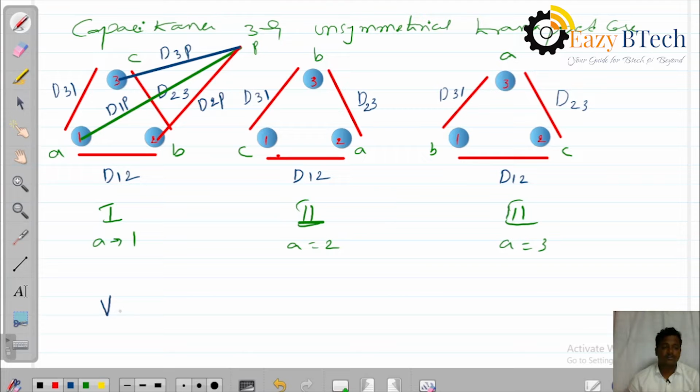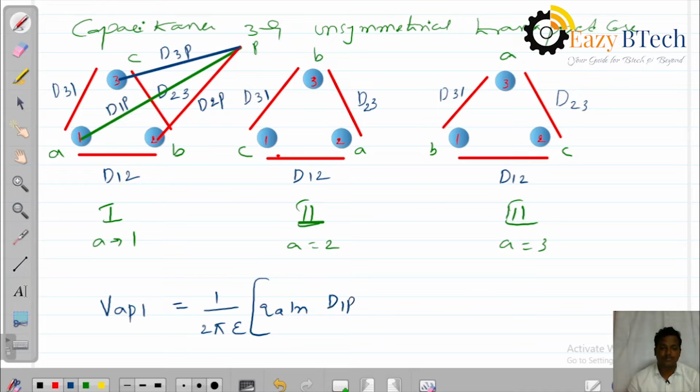the potential difference from conductor A to P, A at position 1, due to all remaining conductors' charges. It is 1 by 2 pi epsilon QA ln. First we have to write the distance from conductor 1 to P. The conductor 1 to P is D1P.